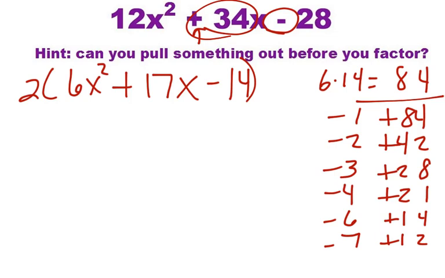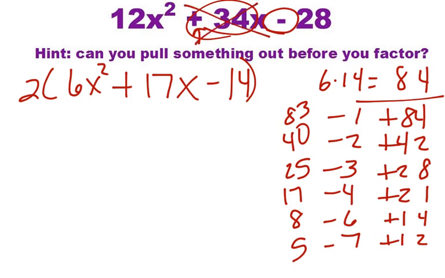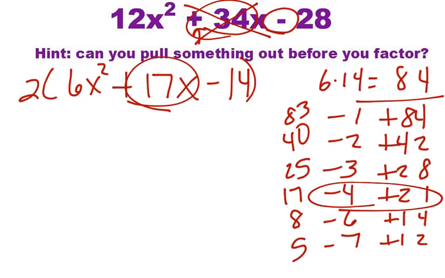So this is 83, this is 40, this is 25, 17, 8, 5. Up. You don't need the ones that equal 34. You need the ones that equal 17. Okay? Because we're finding the factors of the one that was written there.